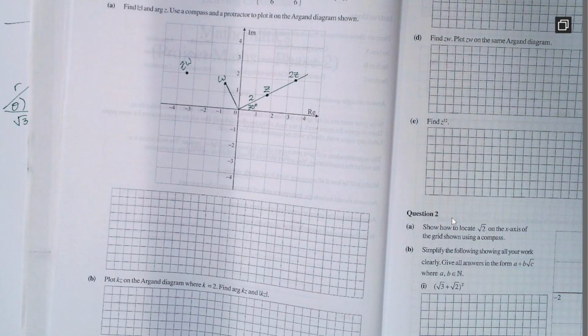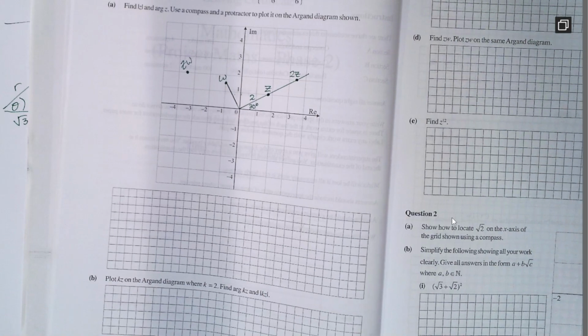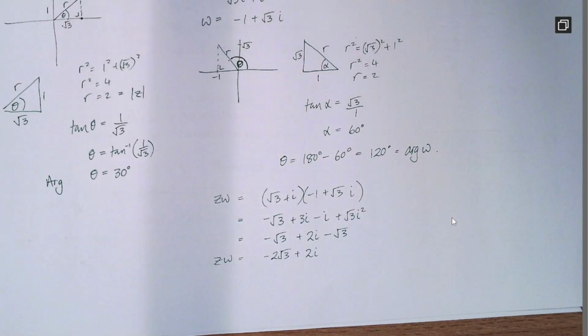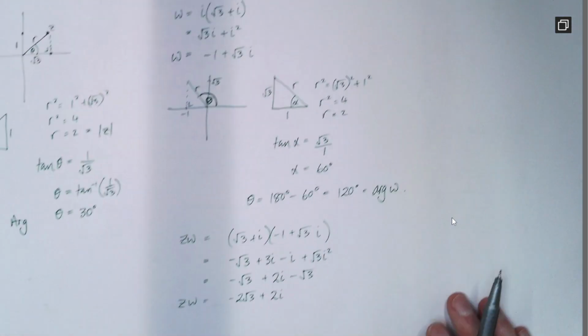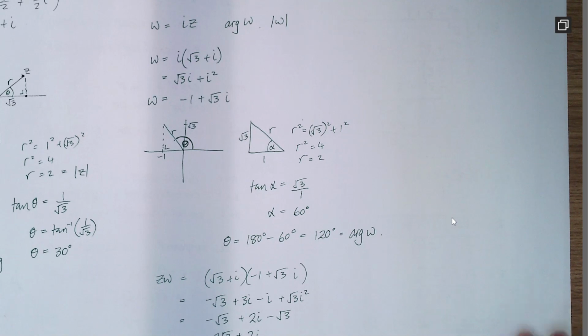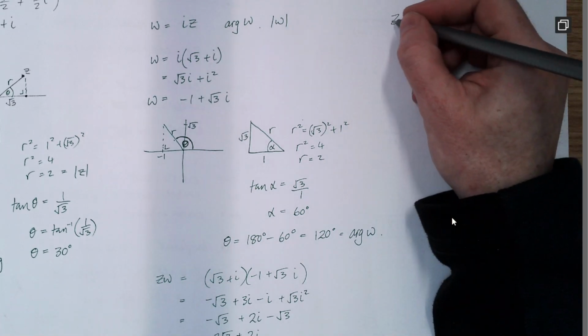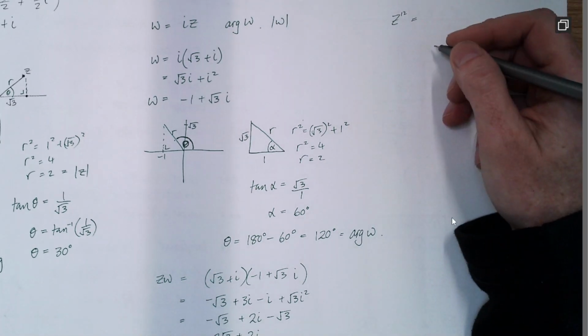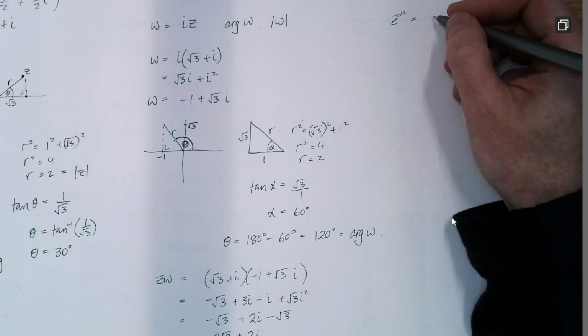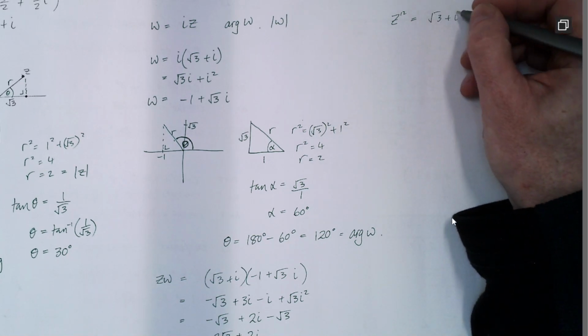Okay, listen. Part: find z to the power of 12. So find z to the power of 12. Z to the power of 12 equals the modulus, square root 3 plus i, to the power of 12.